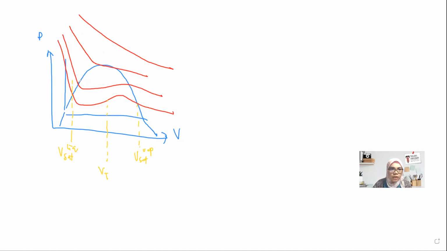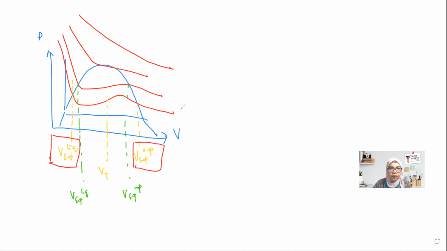But for the second, I give you another example. If we increase the temperature more, we're going to have a new saturation volume for liquid, and then another saturation volume for vapor. Based on that, you can see that we have a difference.